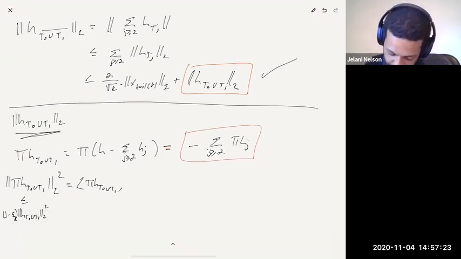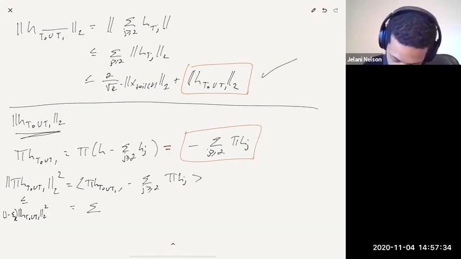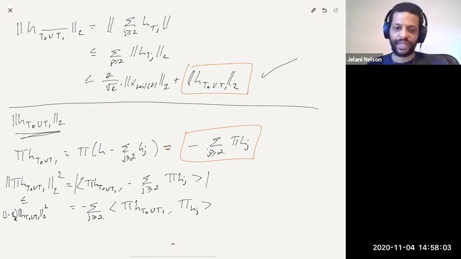So I can say dotted with minus the sum over j bigger than or equal to 2 of pi h tj. So this is equal to minus the sum over j bigger than or equal to 2 of pi h t0 union t1 dotted with pi h tj. In fact, this is exactly equality, but I can put absolute values anywhere if I want to.